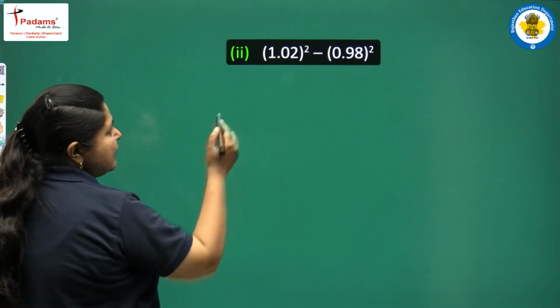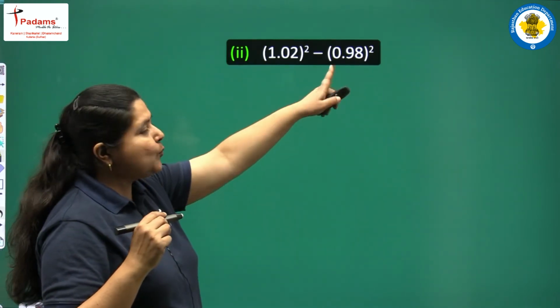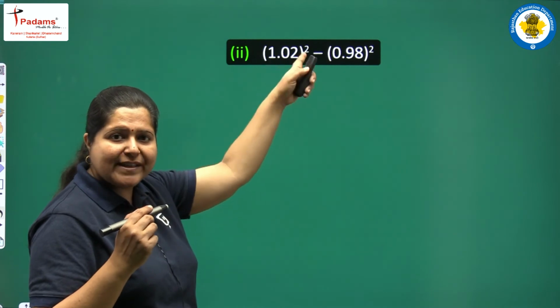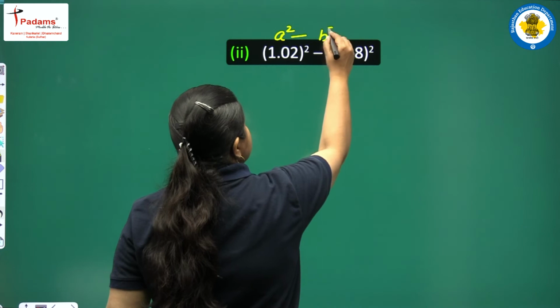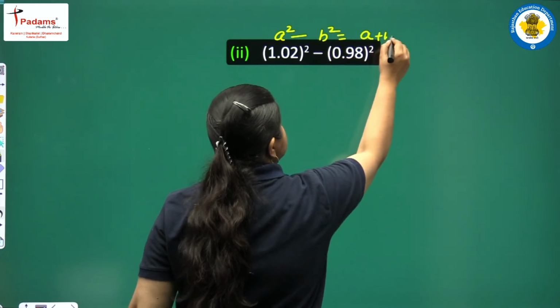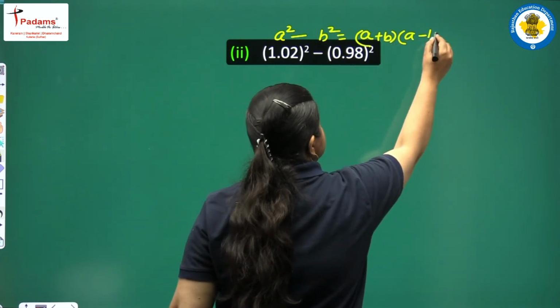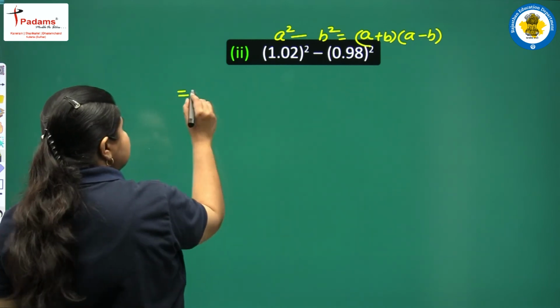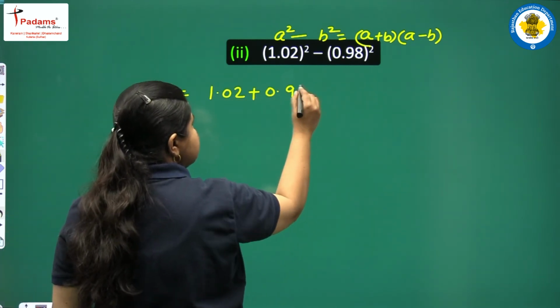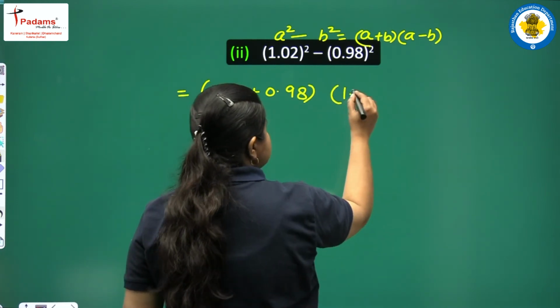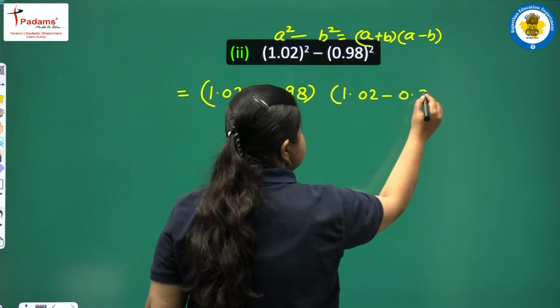Next we have 1.02 square minus 0.98 square. Again this is of the form a square minus b square, and this is equal to a plus b into a minus b. So applying this identity we can write it as 1.02 plus 0.98 into 1.02 minus 0.98.